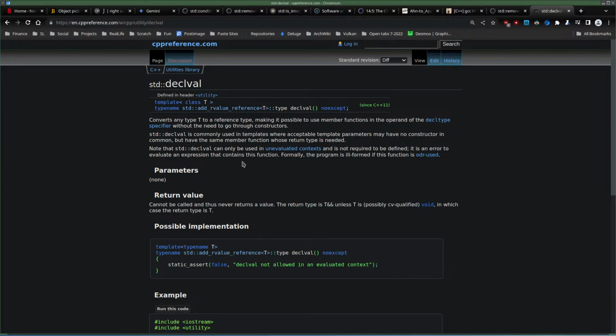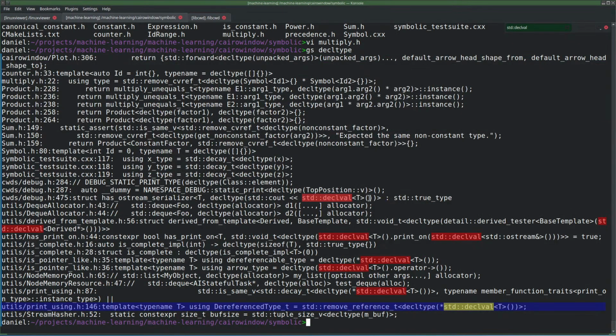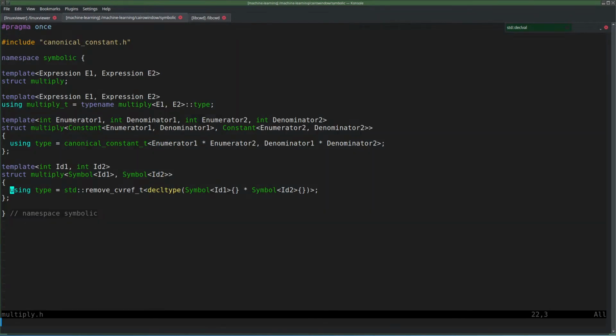Yeah, for example, when we don't even know what T is. You know, T could not have a default constructor, period. I think that's the main reason for not wanting to use the temporary. In fact, I don't think, actually, symbol does. Symbol has a default operator, so this would work. But say symbol does not have a default operator. Or worse, you don't even know that it is a symbol.